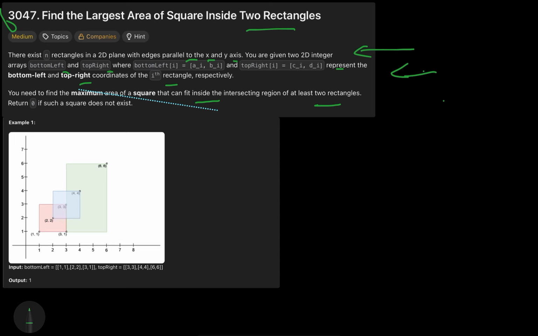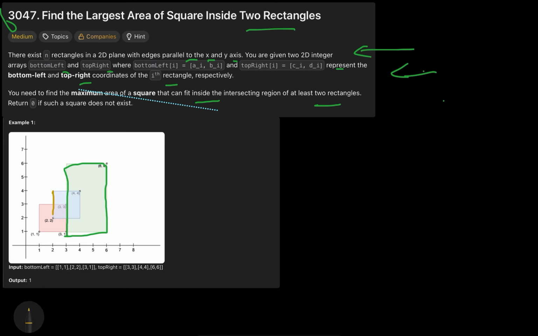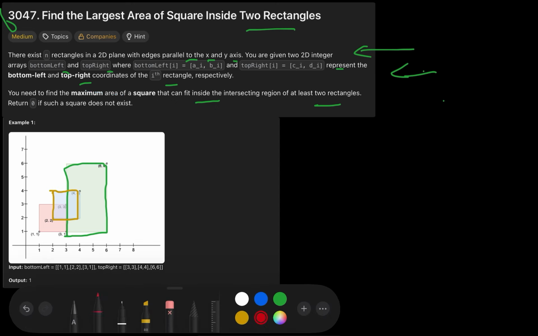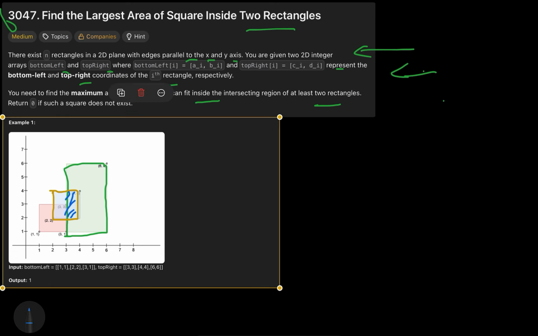What it says is, see, this is one rectangle, okay, and this is another rectangle. So we see this is the overlapping area.